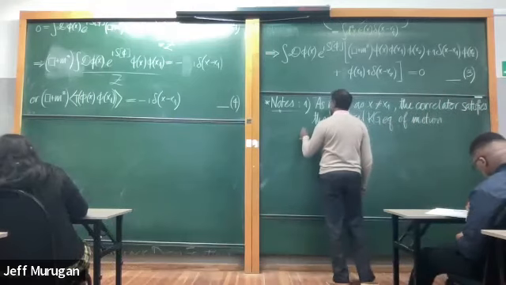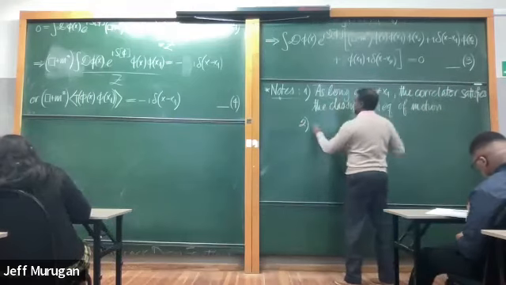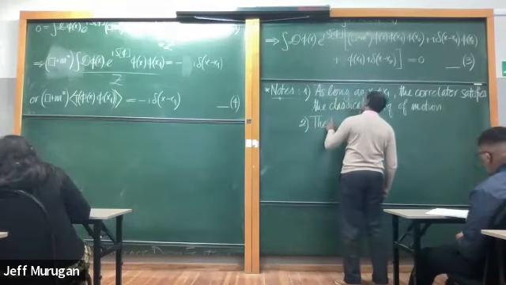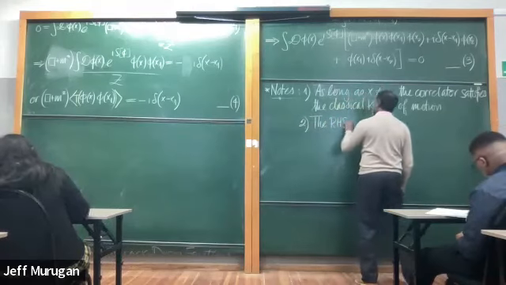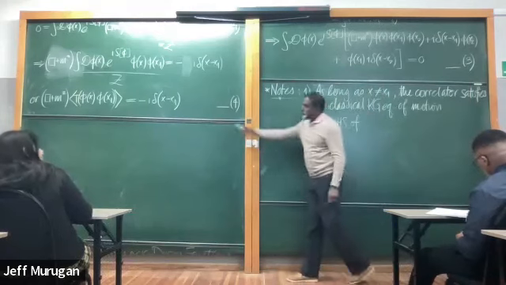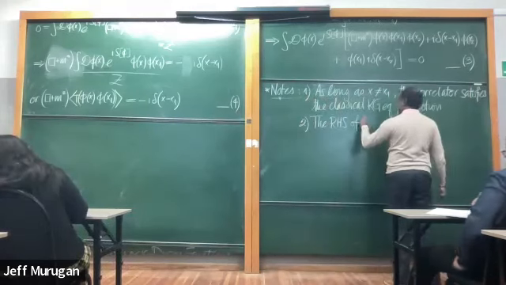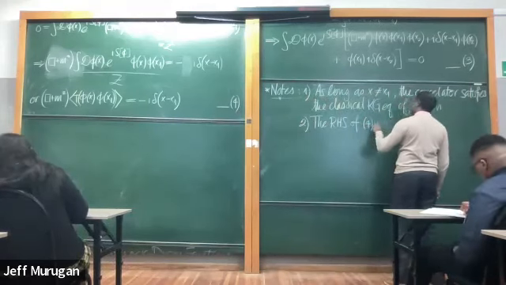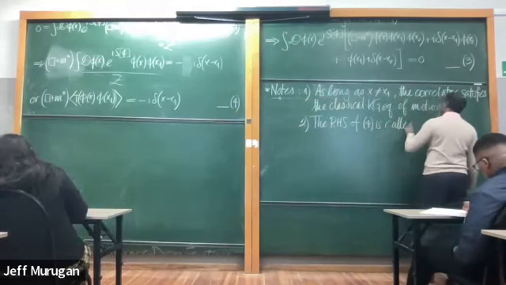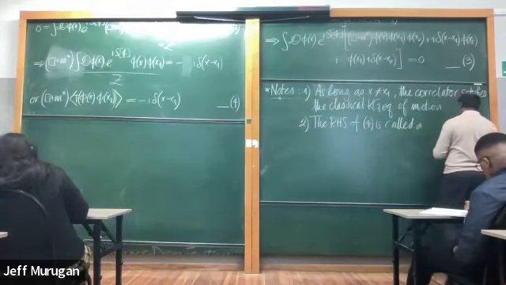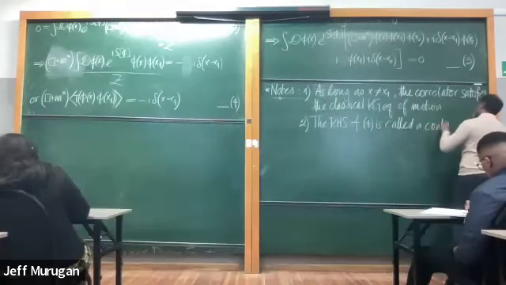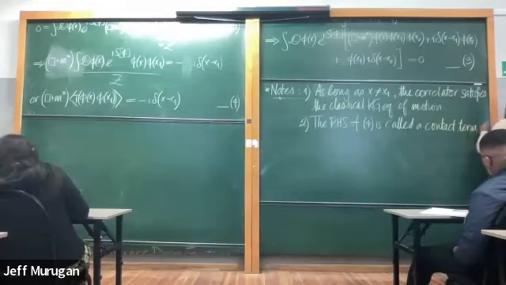Two, the right hand side of equation 4 is called the contact term, because it really only comes into play when x is equal to x1.